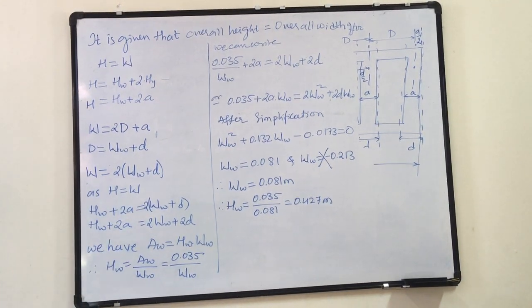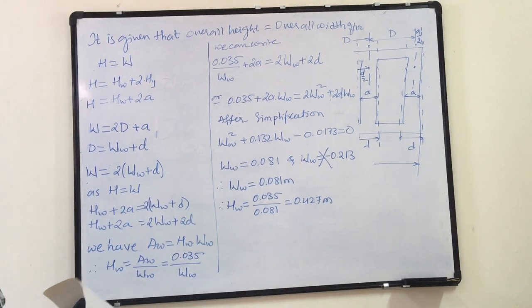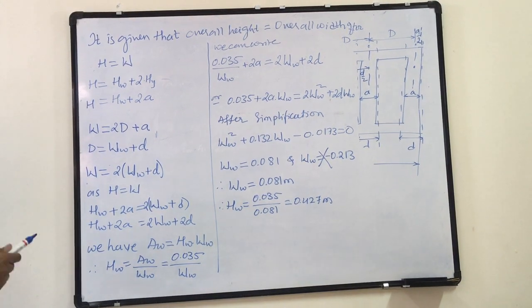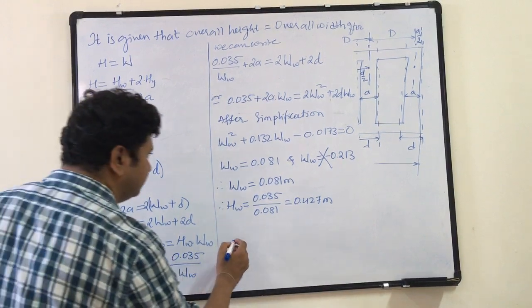Now find out the overall dimensions, that is overall height and overall width. You should be getting equal values because I got these values from that condition only. Now what is H?